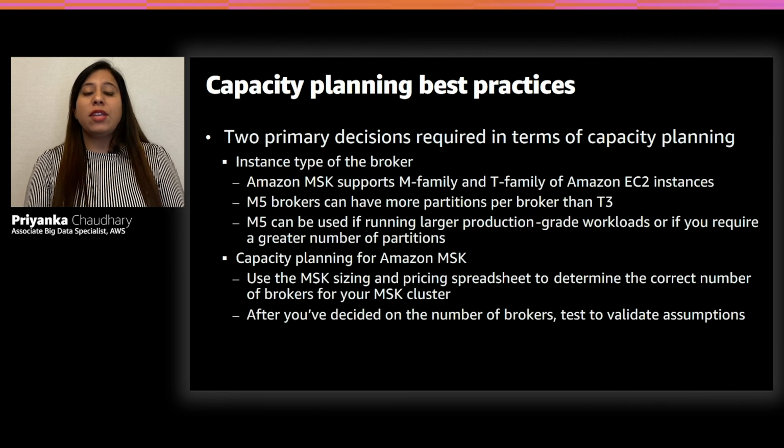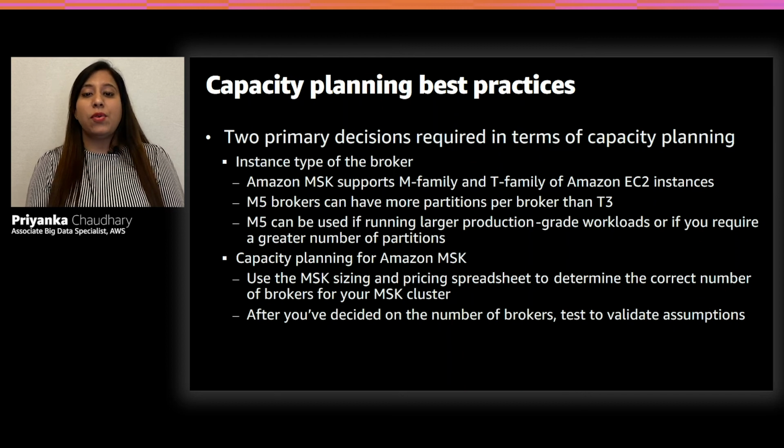Let's discuss capacity planning best practices. There are two primary decisions required in terms of capacity planning. Basically, those are: what should be the instance type of the broker we need to use for our workload? And the second one is the actual planning of the number of brokers for Amazon MSK. So let's discuss the instance type of the broker.